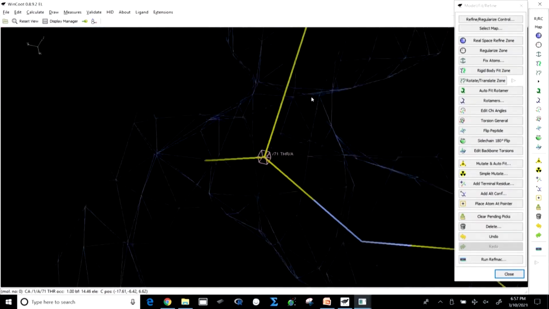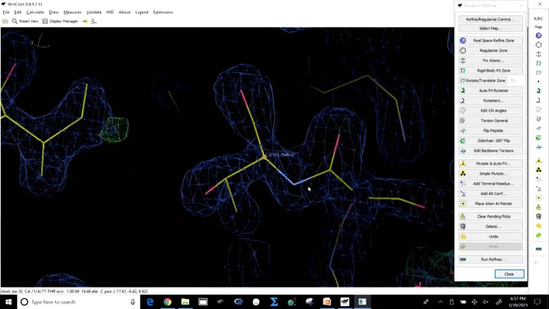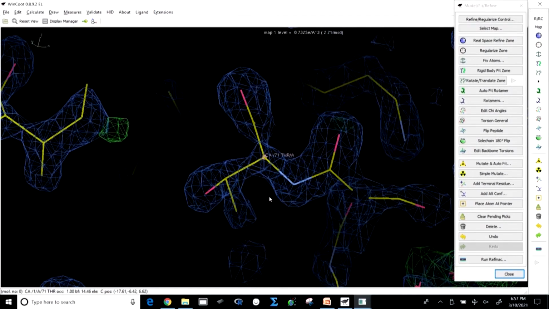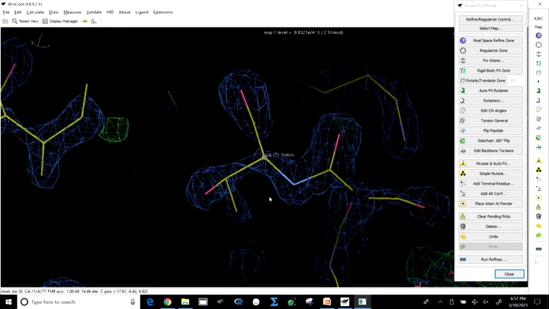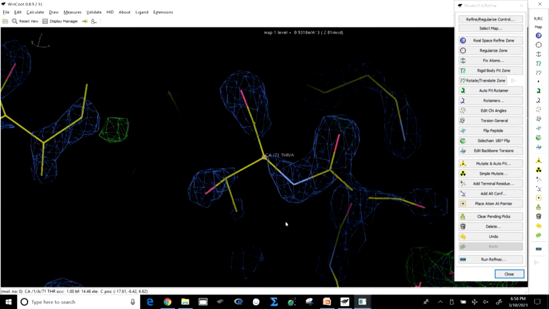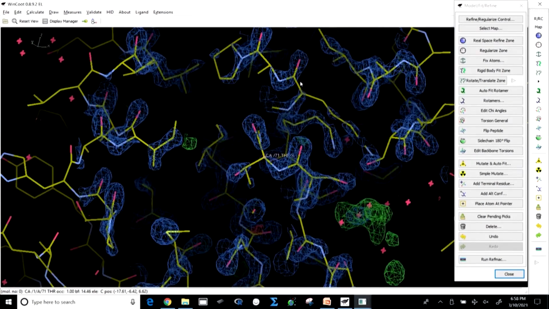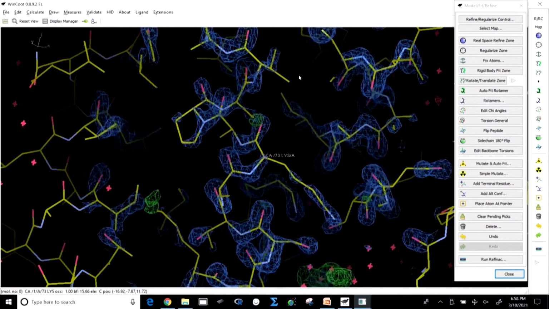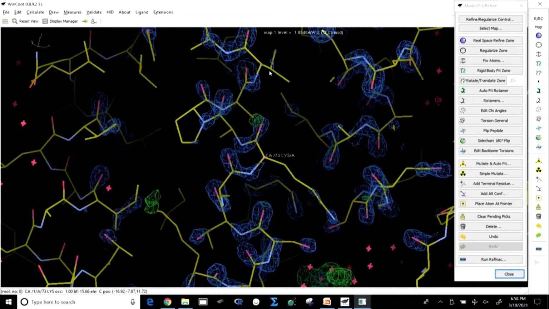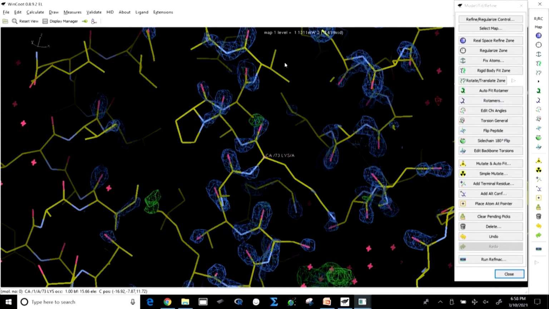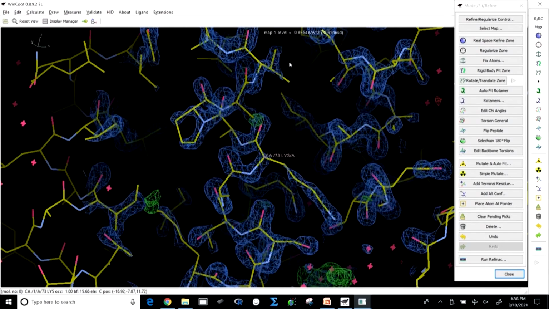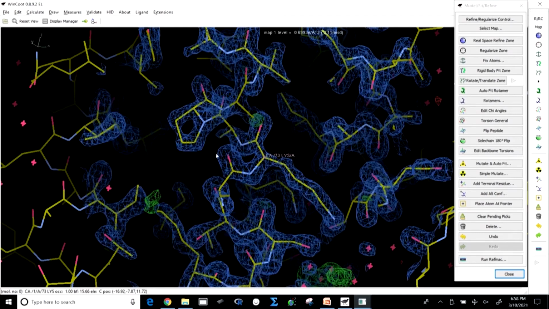As I told, when you start moving your mouse, you will see that the level is getting higher. You see, the map level is increasing, decreasing, it's enhancing the number. So, you could do them.